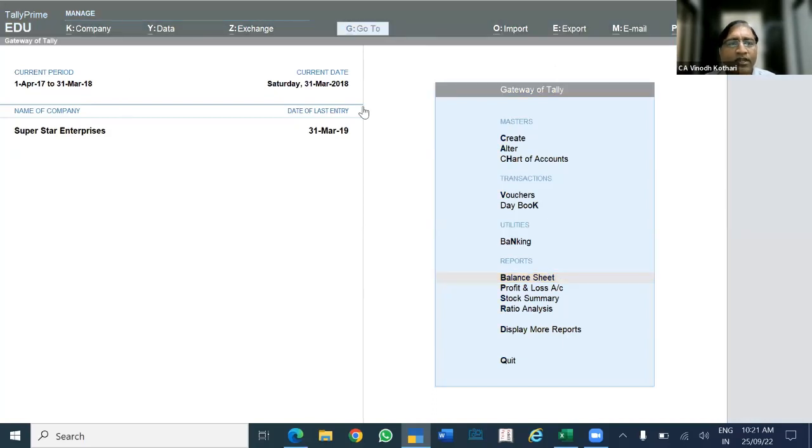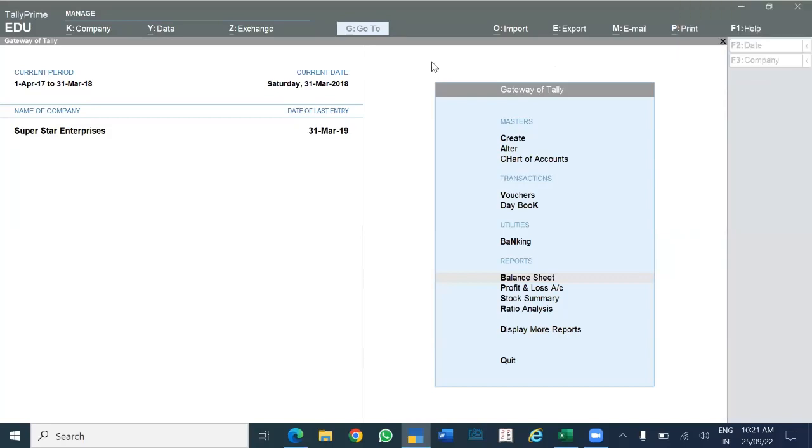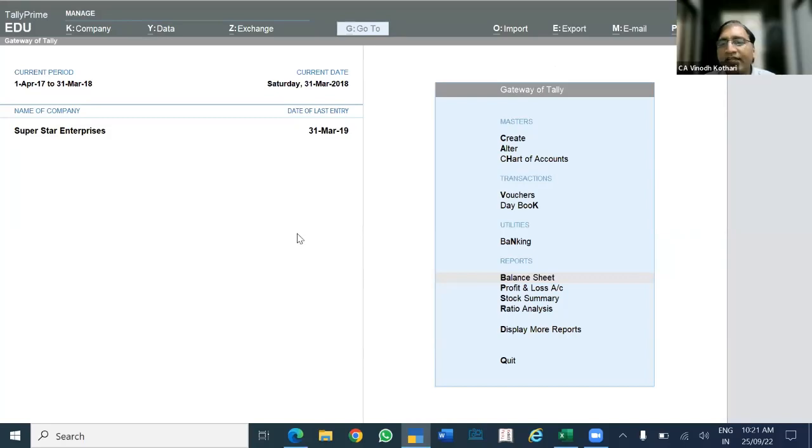Yes, on the left top corner. So this is an educational mode. So in life, don't be like a horse. You go into a marriage, you see a horse, they will tie something on the eyes so that it cannot see wider. Always have an open mind and brain to work. So we will see how to install Tally.